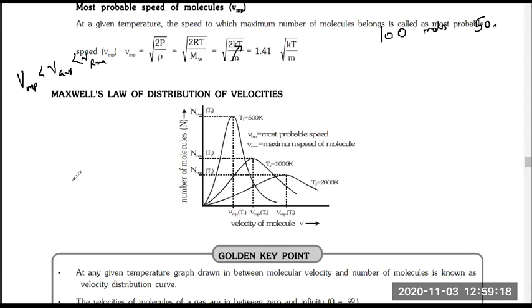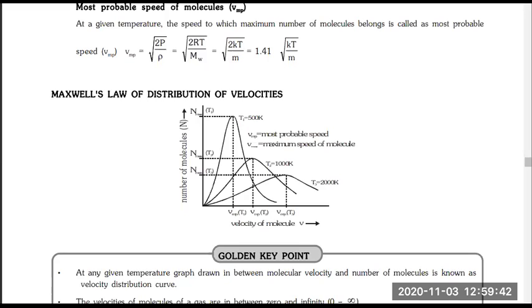Now we will have V average somewhere over here. I'll use a different pen. V average somewhere over here, because the fraction of molecules having average speed will be less than that of the most probable, and the fraction of molecules having RMS speed will be even lesser.